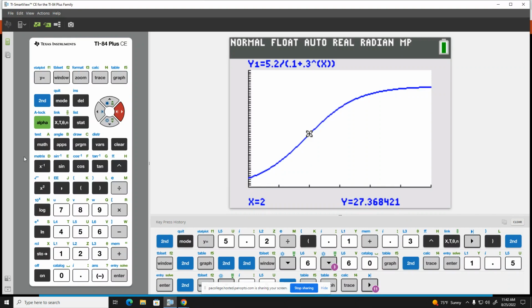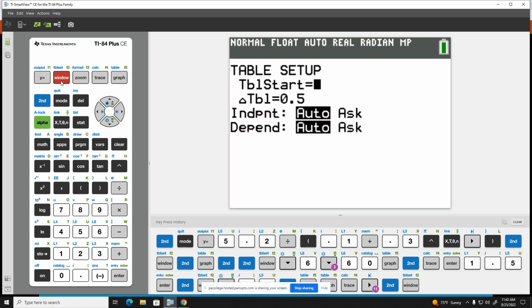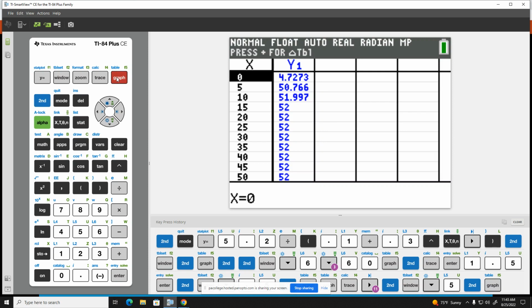I find the table is the best place to look for a limiting value. So I'm going to reset up my table, start it at 0, and I'm going to go up by 5s now. And that's because I want to look in the long run, in the big picture. So I'm not really concerned with each individual year as I am with overall what's happening. And then I go to my table, and I notice that in short order, this tops out at 52,000.